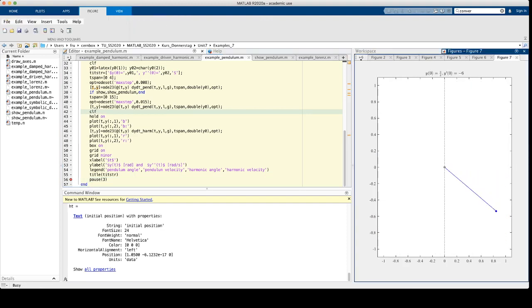Now the initial velocity is -6, and now the pendulum goes round and round. And it will continue going round and round as there is no damping.